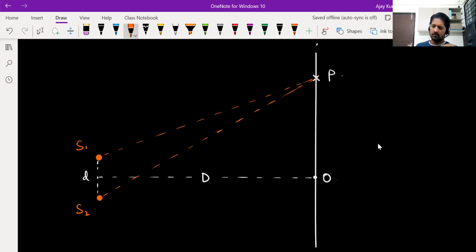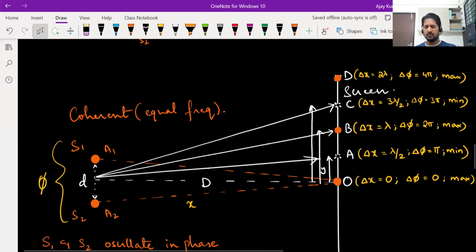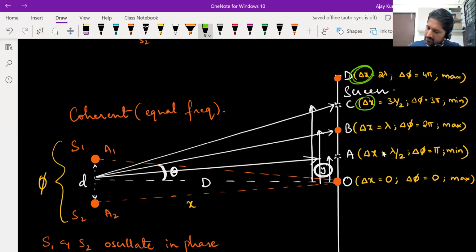Now what do we want? Let's go back to the pattern. Now it's a pattern of bright and dark fringes, bright and dark bands. We need to be able to find out where the nth bright band will form or the nth dark band will form. So we need to find out this height y or this angle theta in terms of the path difference with which the waves arrive there.